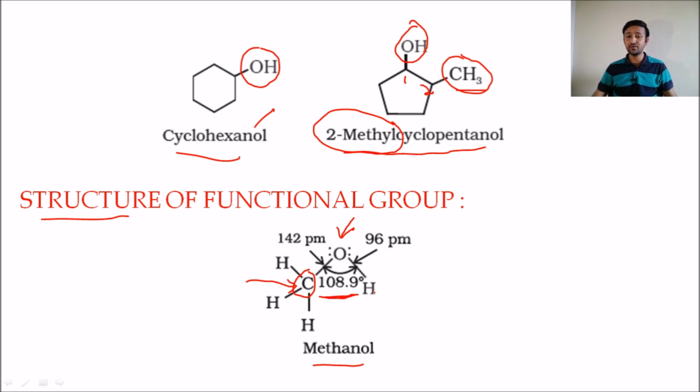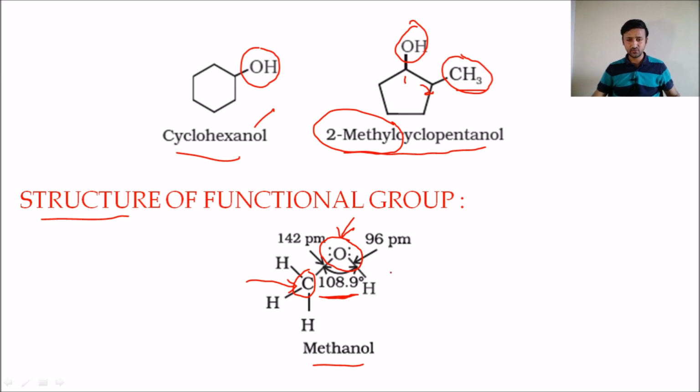The reason for the reduced bond angle is that we got 2 lone pairs of electrons on the oxygen, right? So because of repulsion between these lone pairs of electrons, the bond angle, particularly the COH bond angle, is slightly less than the normal tetrahedral bond angle.